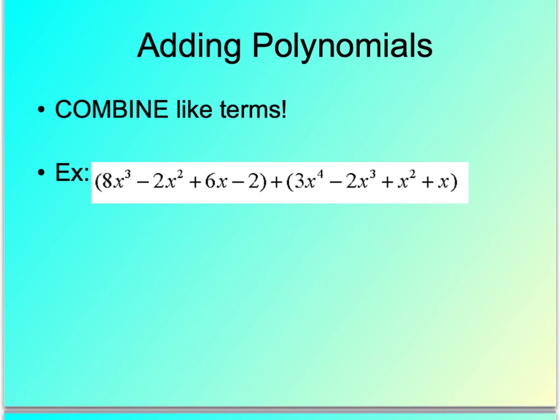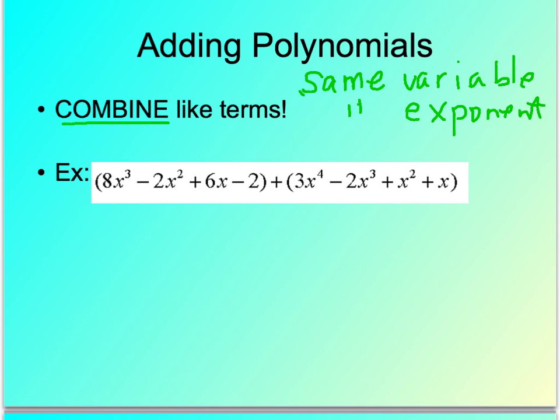If we're adding 2 polynomials together, we're going to be combining like terms. Now remember, to be a like term, you have to have the same variable and the same exponent. If you don't have those, then they are not like terms.